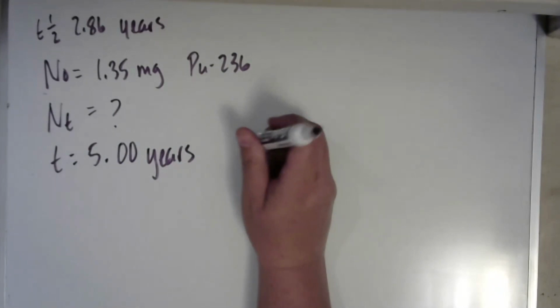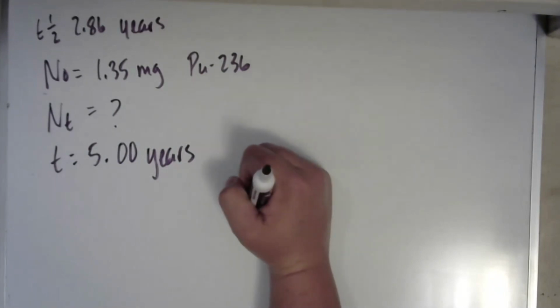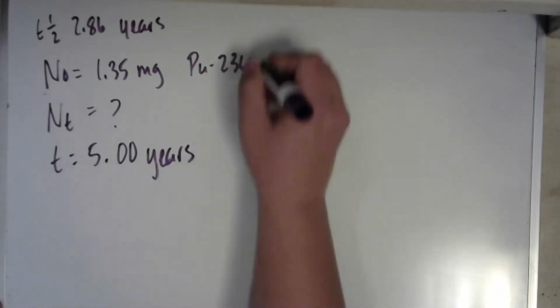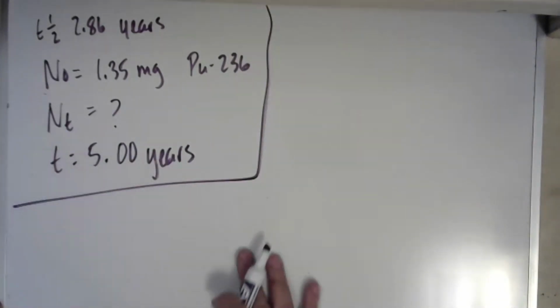But before you can do that, you need to know what your k value is, right? Your rate constant. And we're going to figure out what the rate constant is by using our half-life equation. Okay, so let's box this off, and then we're going to write a little note up here.